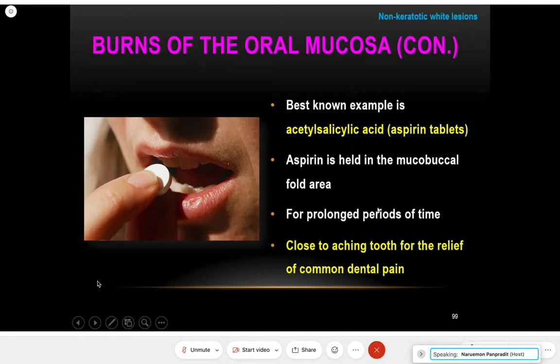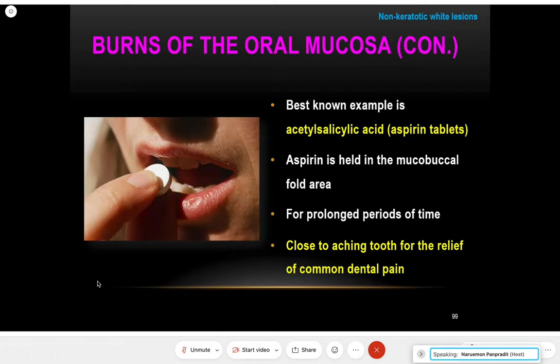Previously, the most common example was aspirin burn, or acetylsalicylic acid, because in the old generation, when they had a painful tooth, they maybe not only took the medication but also put the medication on the local area.